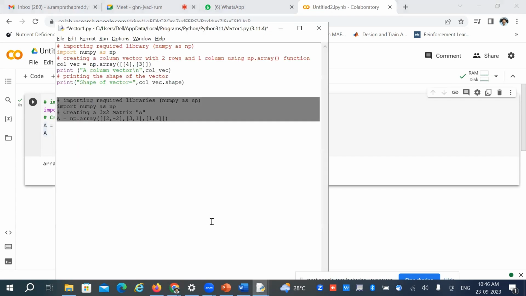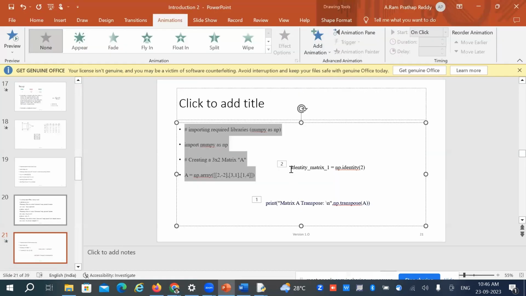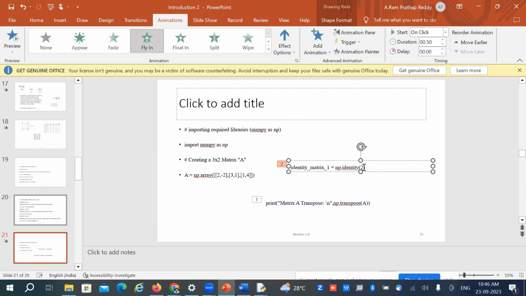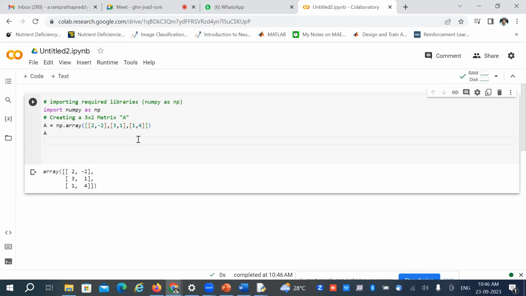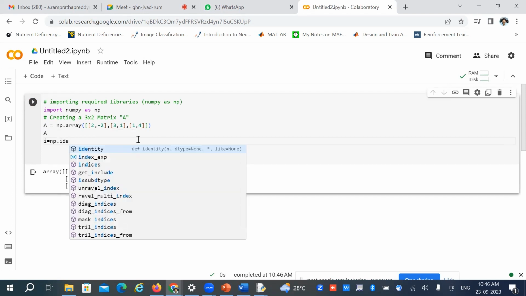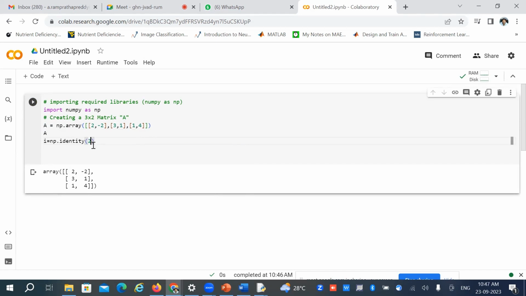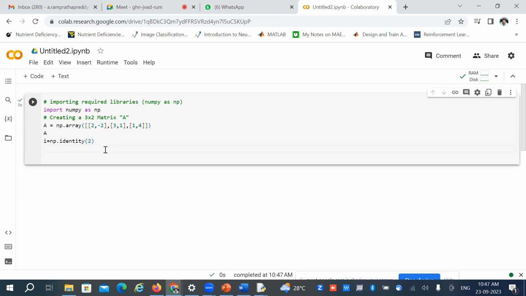Okay, and measure one is the identity matrix. np.identity: I is equal to np.identity of, and then display the type.